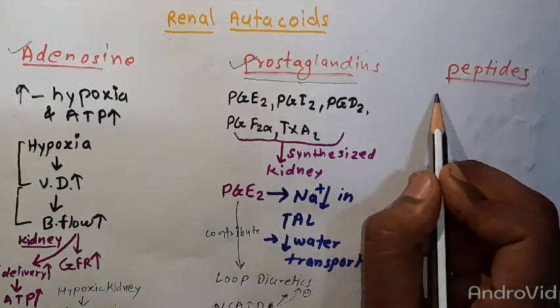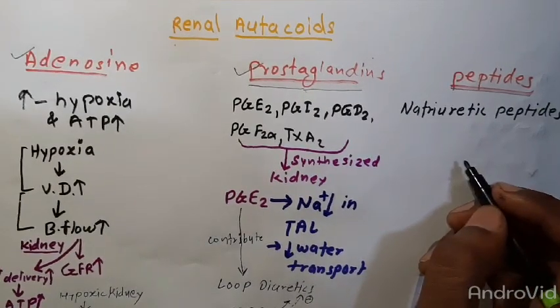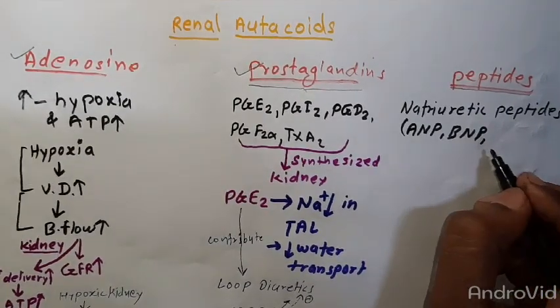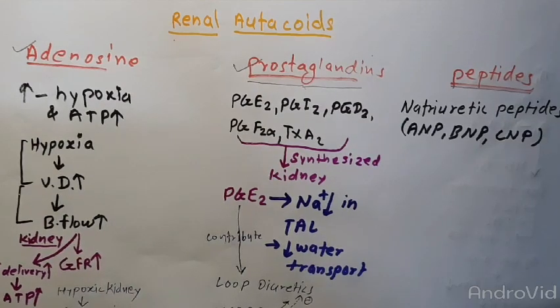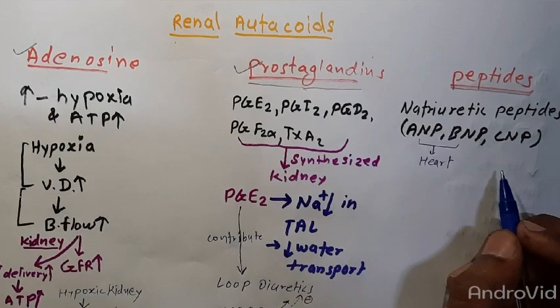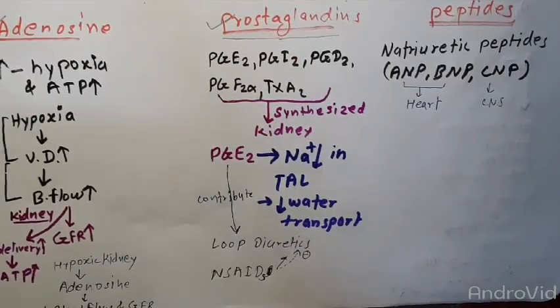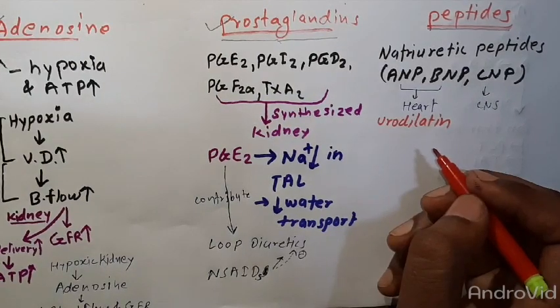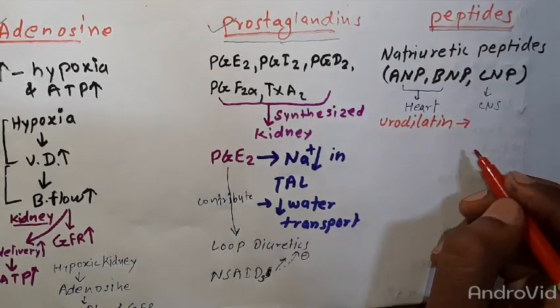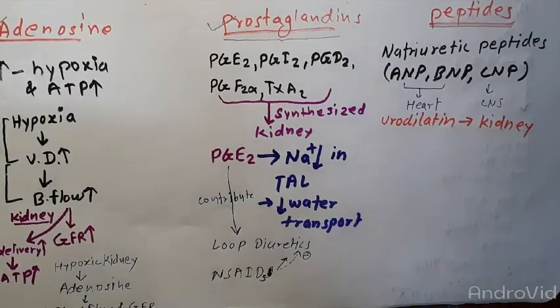Now let's come towards the peptides, that is the natriuretic peptides like ANP, BNP, and CNP. ANP and BNP are synthesized in the heart, and the CNP comes primarily from the CNS. A fourth natriuretic peptide, urodilatin, is synthesized and functions only in the kidney.